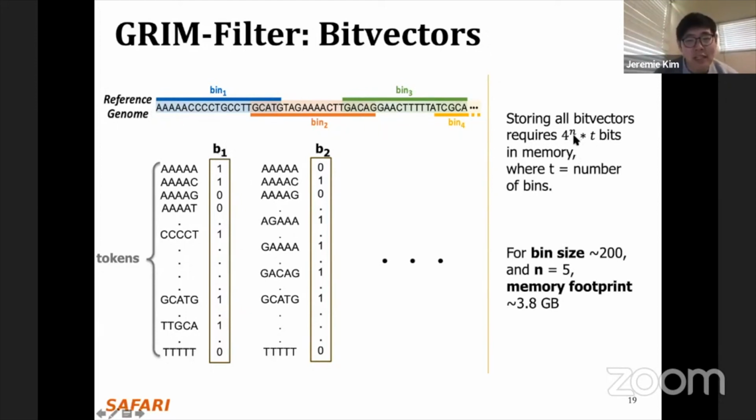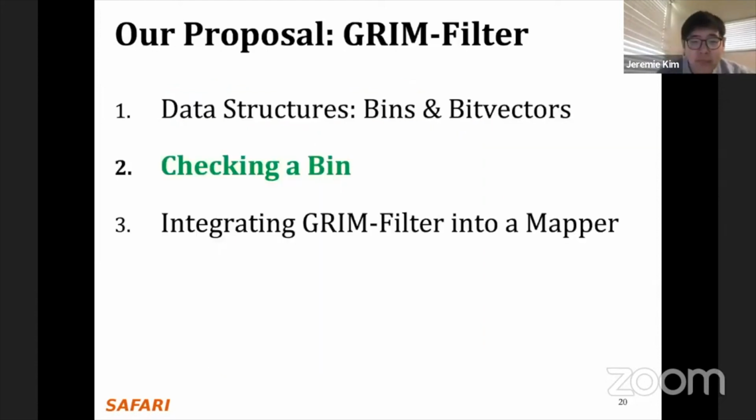So this equation is just t times 4 to the n, because there's 4 different nucleotides, n is the token size, and t would be the number of bins. And so for a bin size of around 200 and a token size of 5, the memory footprint is around 3.8 gigabytes, which is reasonable for modern memory sizes. So it can completely fit within these memory constraints.